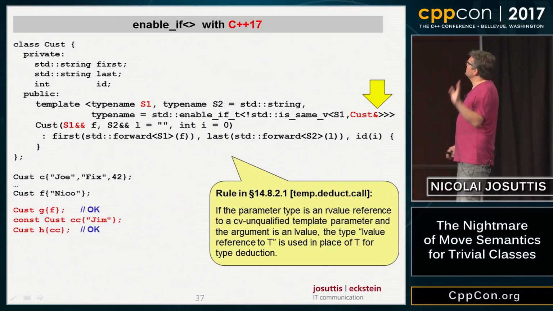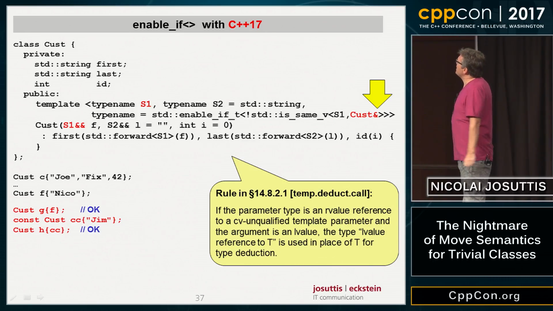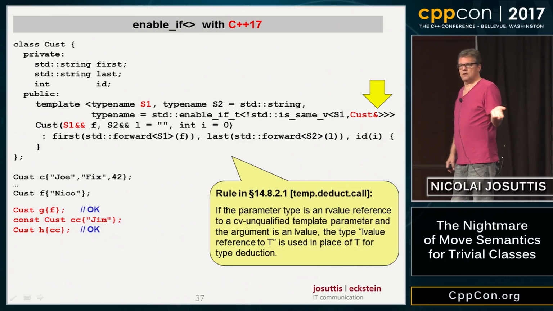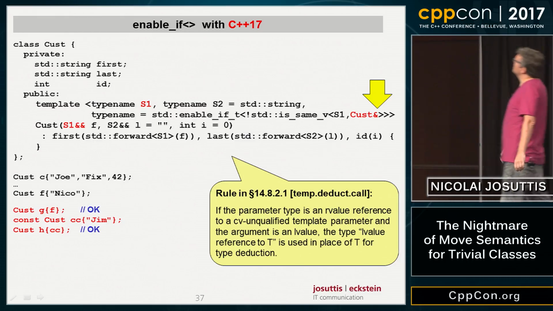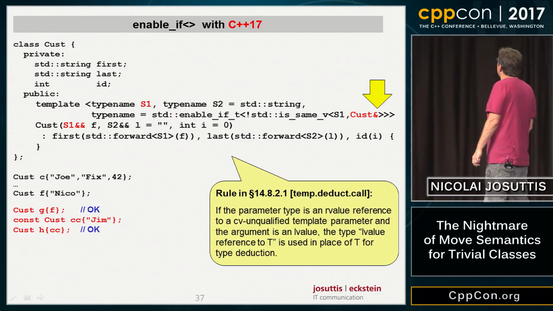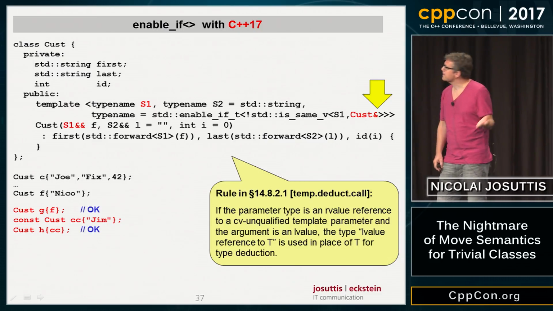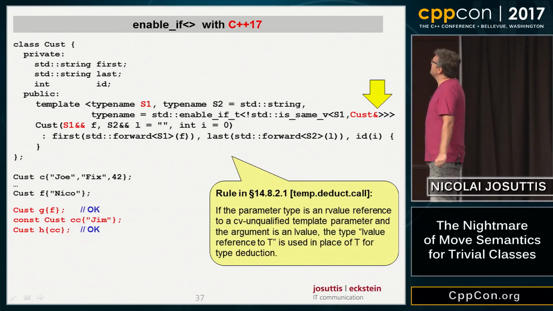If the parameter type, which is f here, is an R-value reference, which is the case, we have two ampersands, to a cv-unqualified template parameter, we have a template parameter S1, and it's neither qualified with const nor with volatile, and the argument is an L-value.